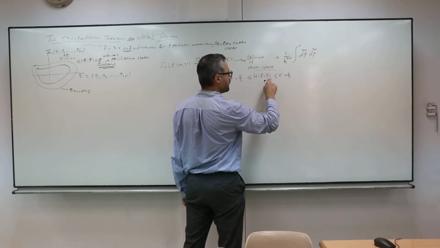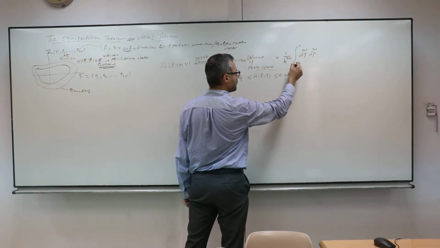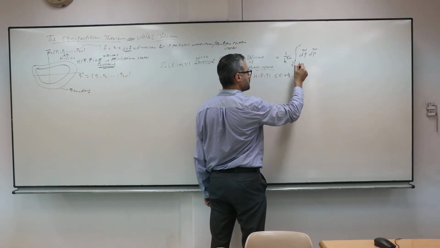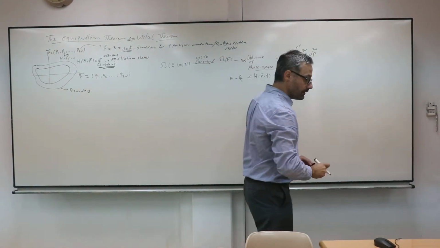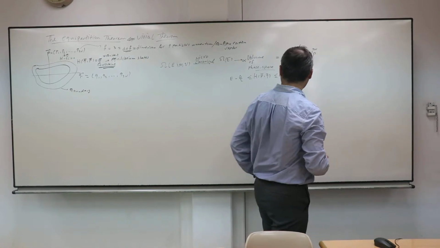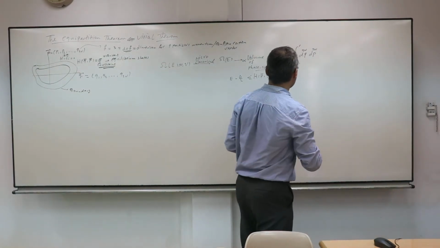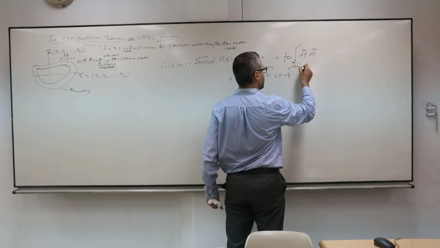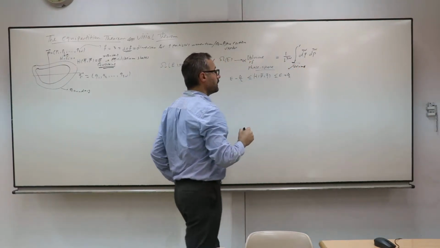So we explained that before, that it will be proportional to 1 over h to the 3N, dq dp. You can write N prime here, or never mind. It means that the integration should be taken over the volume, not the surface, which is given by this equation. So this is the range of integration.